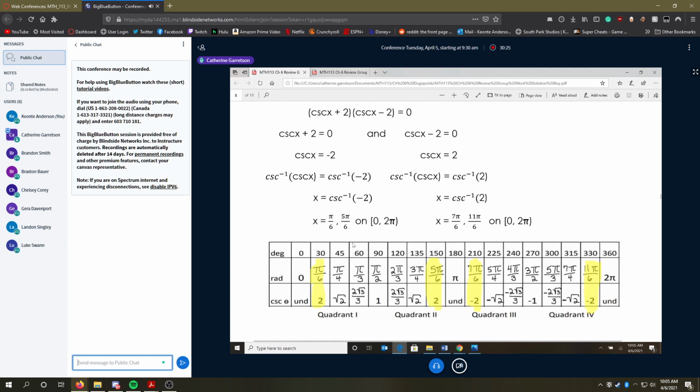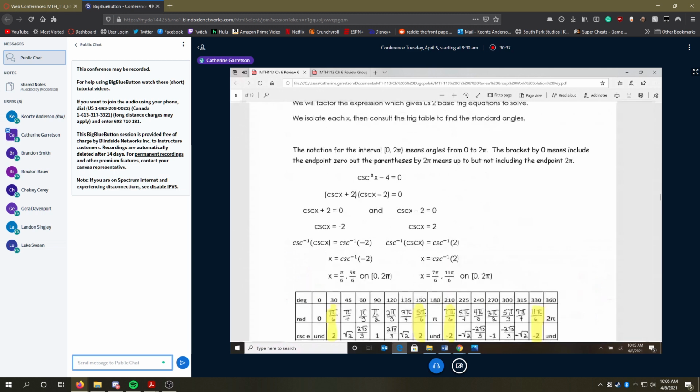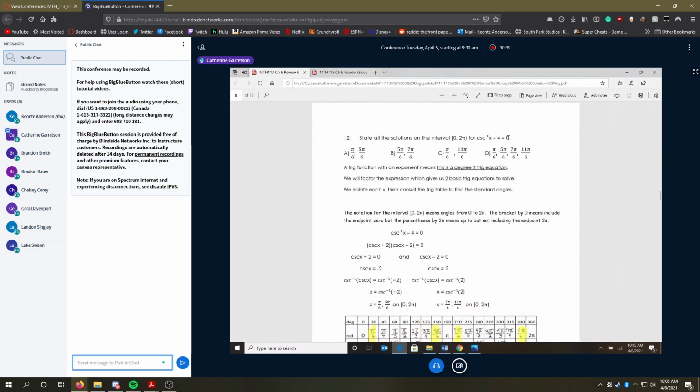So I have pi over 6 and 5 pi over 6, and I have 7 pi over 6 and 11 pi over 6. So these four answers are all the angles that make this a true statement. So the answer would be D.